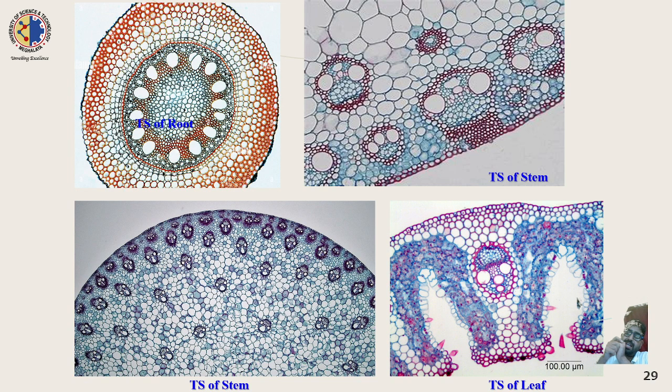In the first class of this angiospermic family Poaceae, we covered morphological and reproductive characteristics. We discussed the morphological and reproductive characters of family Poaceae.